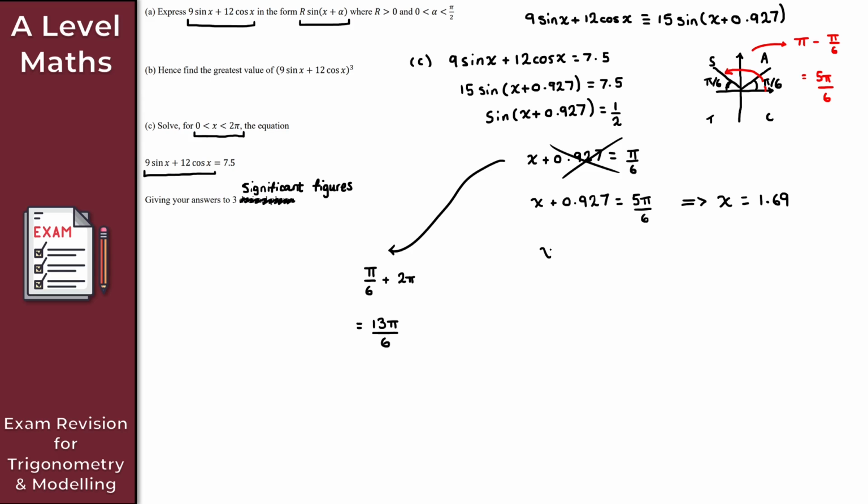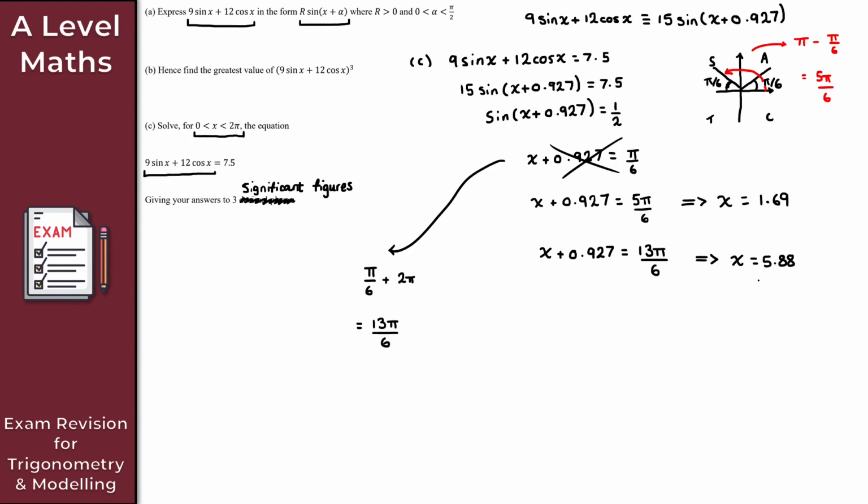What I've also got here is x plus 0.927 is equal to 13 pi over 6. So what we need to do is subtract 0.927 from 13 pi over 6. If we do that, and give your answer to three significant figures, what we get is 5.88. So x is equal to 5.88.